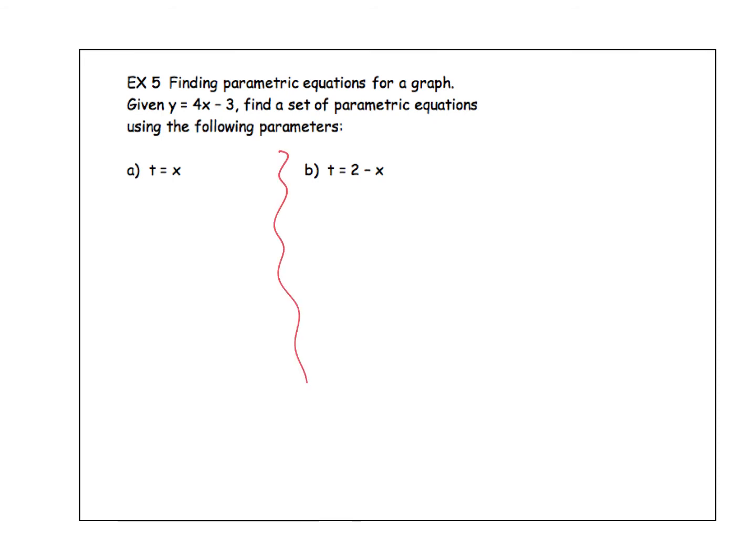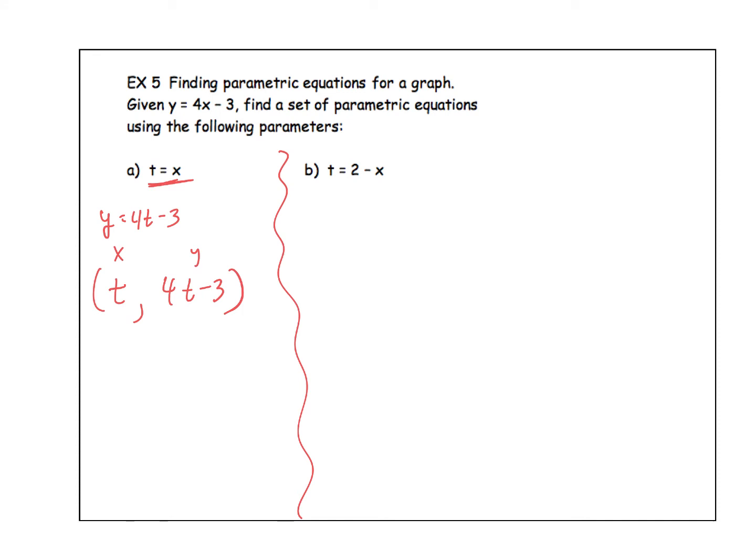They tell us what t is equal to. t is x. Okay, well then if t is x, x is t, you can read that either way, then y is 4t minus 3. So literally our parameters, you can write them as an ordered pair, would be t, comma, 4t minus 3, right? X, comma, y.